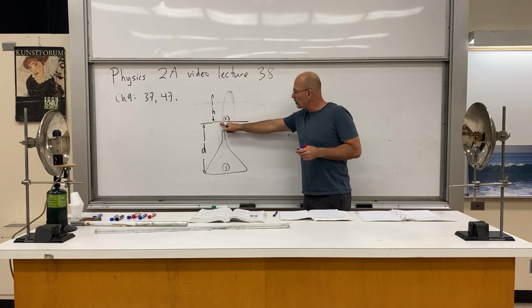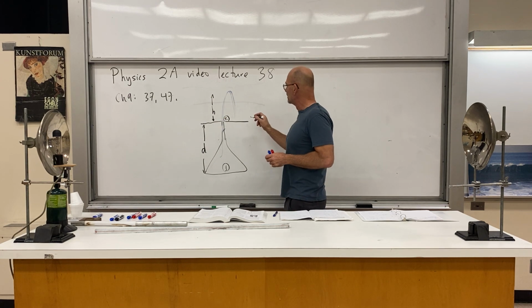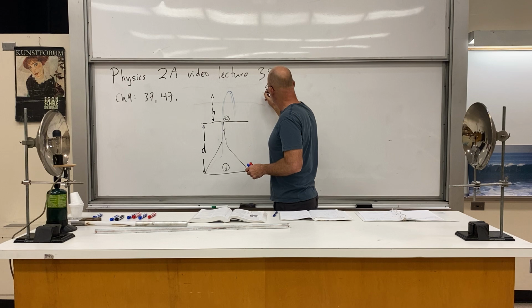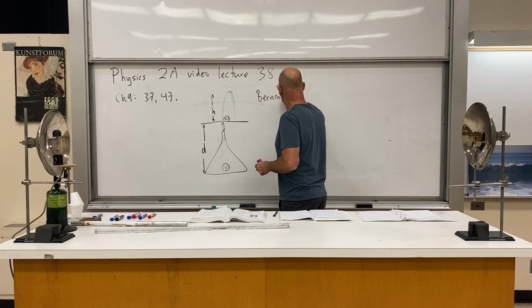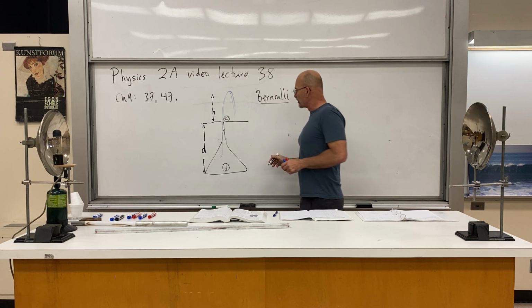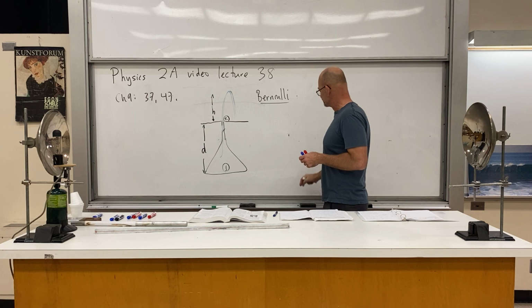Now, once the water leaves the hole here and reaches atmospheric pressure, it's essentially in free fall. So I'll go ahead and first write down Bernoulli. And we know the pressure's got to be pretty great down there in order to make this happen.